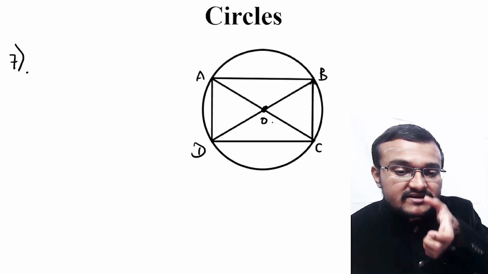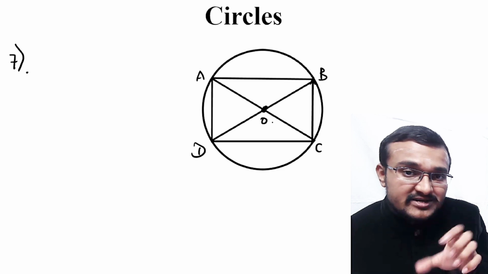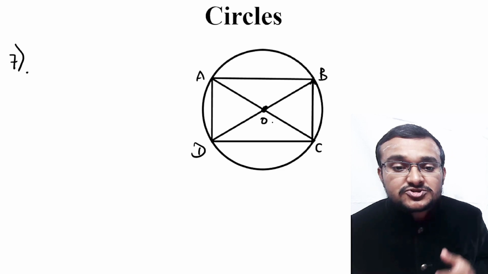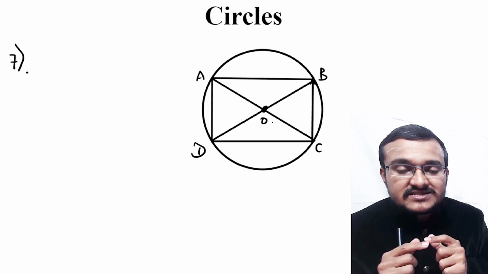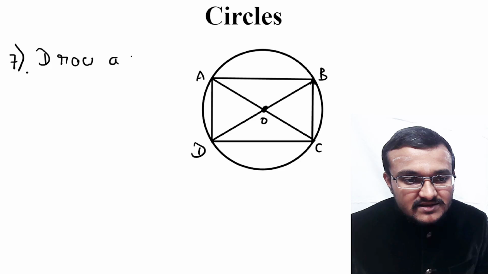So AC is a diameter, DB is also a diameter. That means the diagonals are already equal to each other. Now you have to prove that this particular cyclic quadrilateral is a rectangle. Draw a circle with center O.